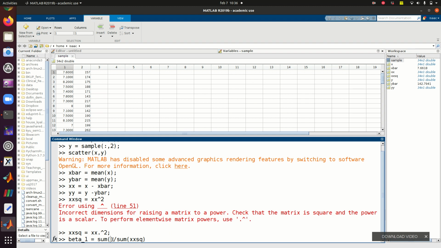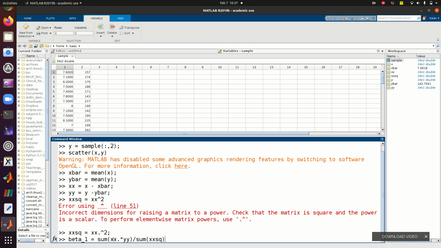We could have computed those separately, but we can do it here at once. xi minus x bar is our xx, and we multiply it, again pointwise, by the value in y, which is yi minus y bar.